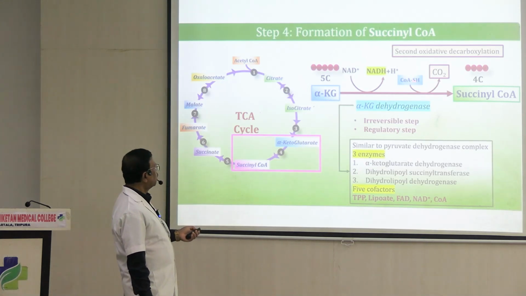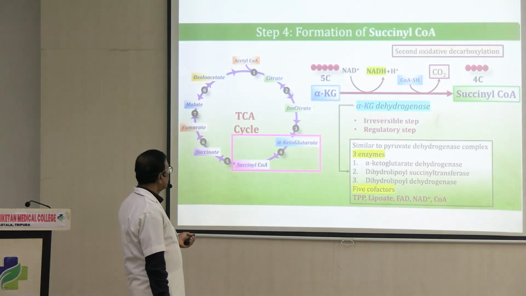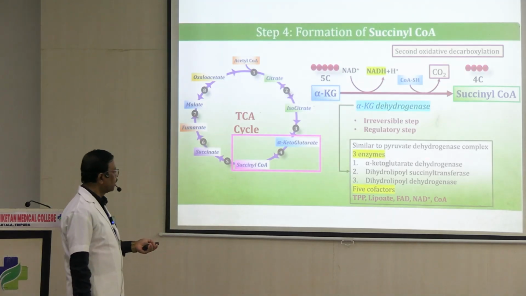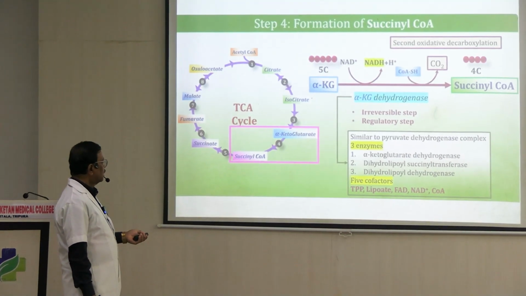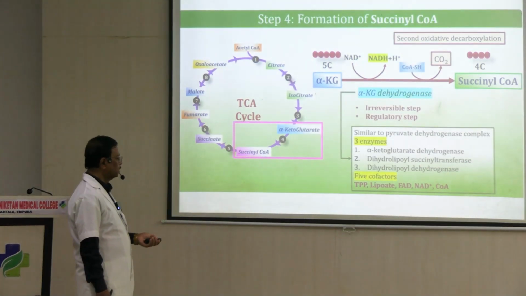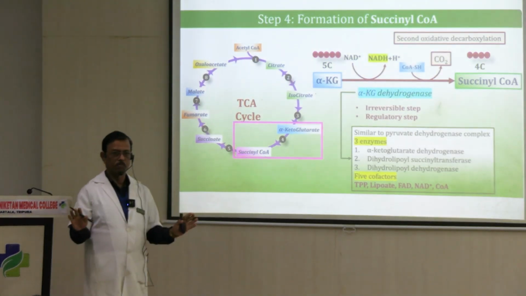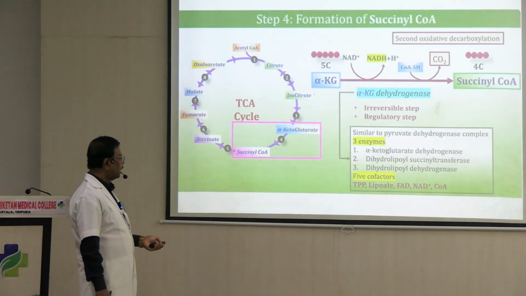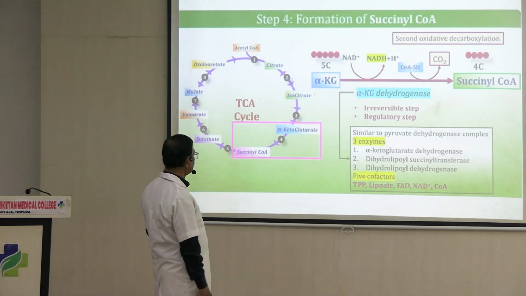The enzymes in the multi-enzyme complex of alpha-ketoglutarate dehydrogenase are alpha-ketoglutarate dehydrogenase, dihydrolipoyl succinyl transferase, and dihydrolipoyl dehydrogenase. Reaction is same. Factors, 5 factors: TPP, lipoamide, then FAD, NAD, and coenzyme A.